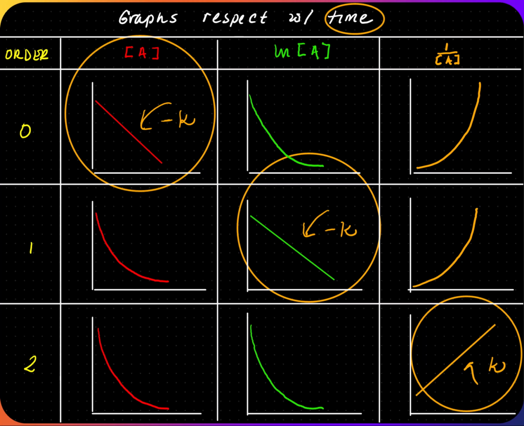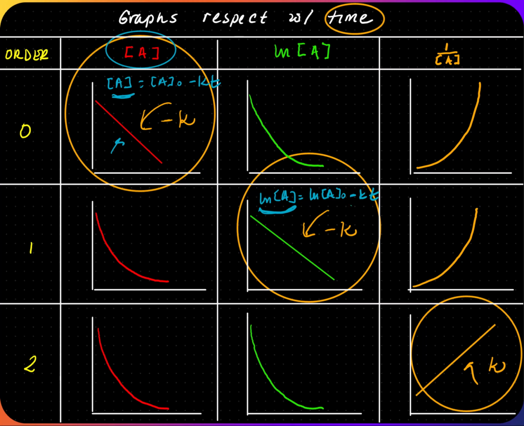This is why for zero order, the equation is A equals A naught minus kt, because the A here gives you a line. Everything else gives you a curve. For the first order, my equation is ln A equals ln A naught minus kt. Why? This is the only plot that would give you a linear line to identify it's a first order.